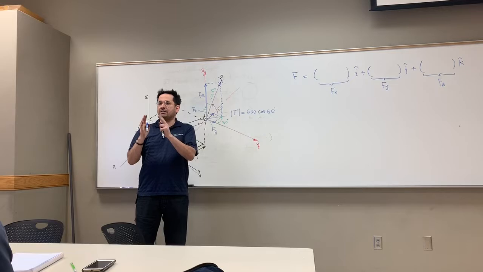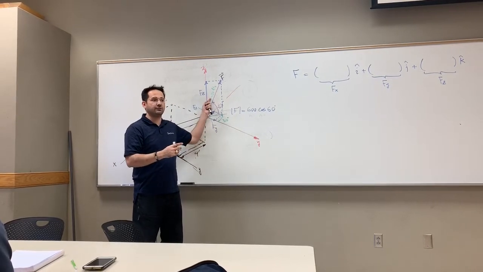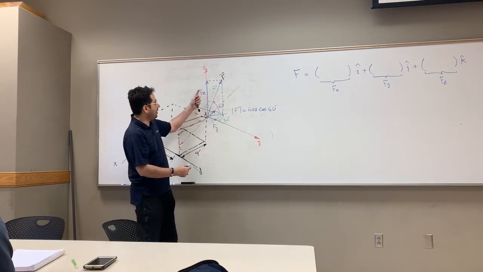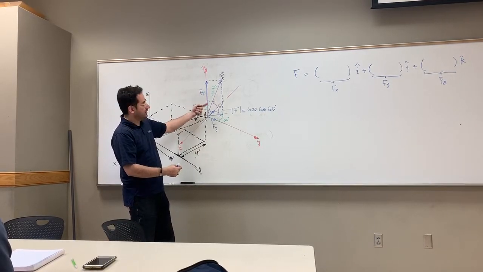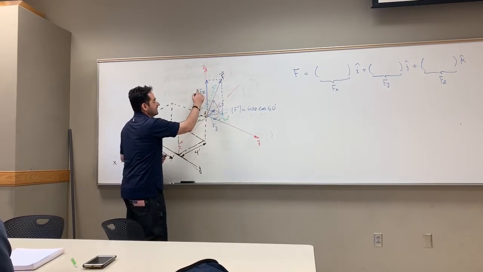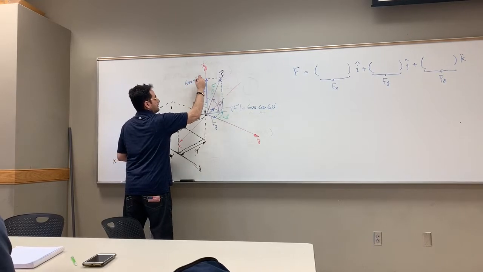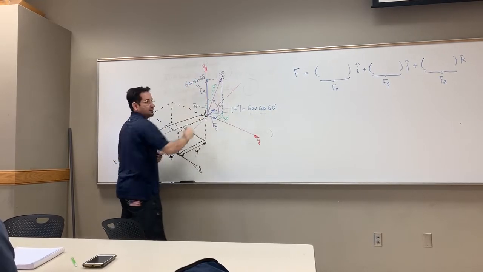This side shares the angle with the force, so it's cosine. The other one is sine. So if this is 600 cosine 60, Fz is 600 sine 60 degrees.